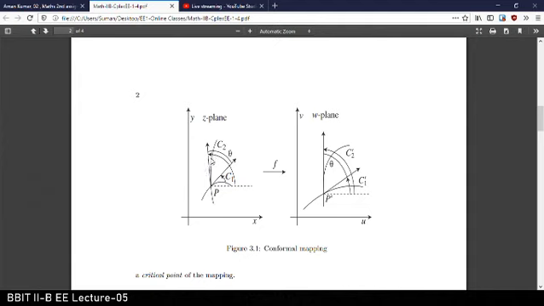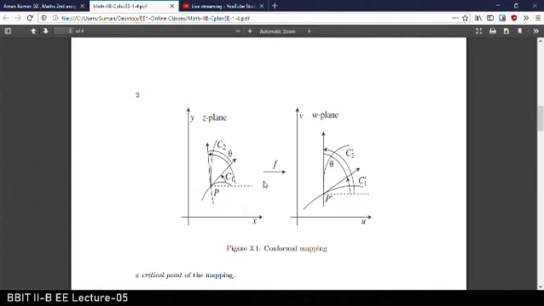And to check whether a mapping is conformal or not, first of all, you have to check whether it is analytic or not. If it is analytic, then check whether the derivative of that function is 0 or not. If it is 0 at some point, that is fine; not that the derivative is 0 everywhere, because that means it is a constant function, right?